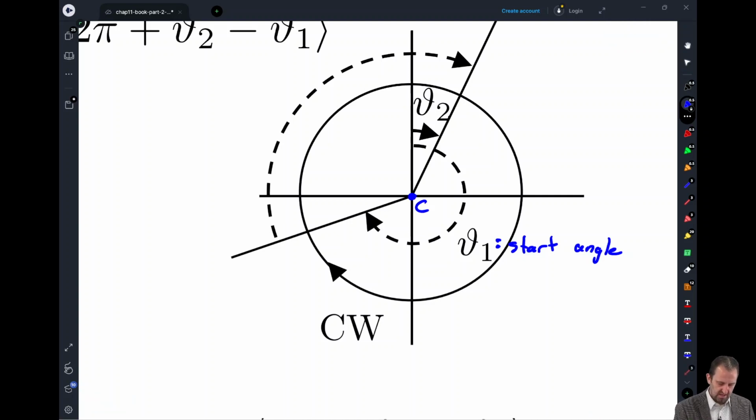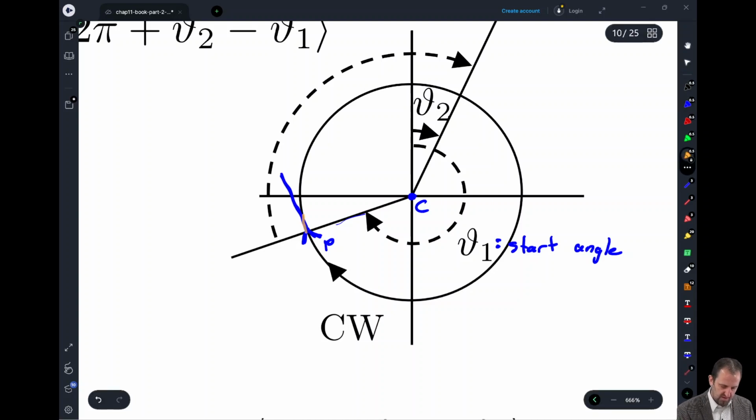And the aircraft is starting right here. So this would be P, and we have our starting orientation. But so that we know that the aircraft is on the circle, and in this case we're moving to the right. So we're going to be going from this location, and we'll travel along the circle until we get to this location.